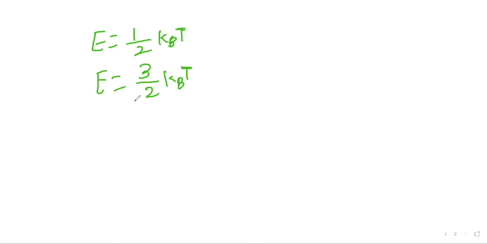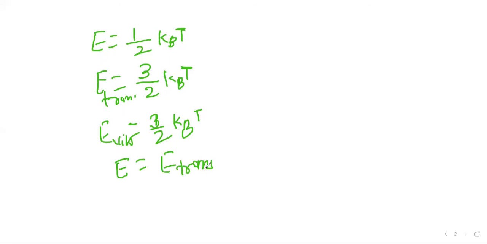So this is the translational energy of the atom. Now, atoms also have vibrational energy, and this vibrational energy is also equal to half kBT per degree of freedom, so in 3 dimensions it is also 3 by 2 kBT. So this is E translational and this is E vibrational, and the total energy E is E translational plus E vibrational.